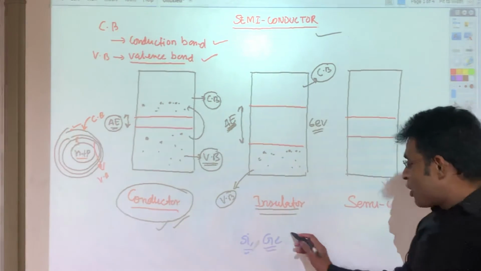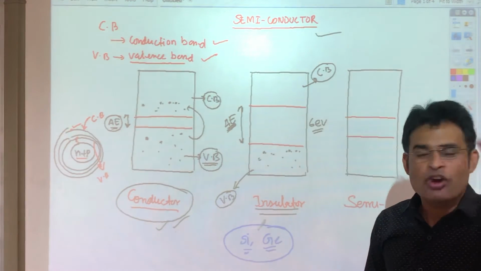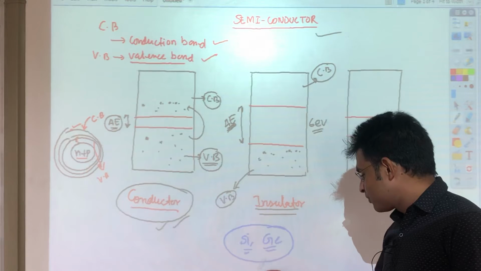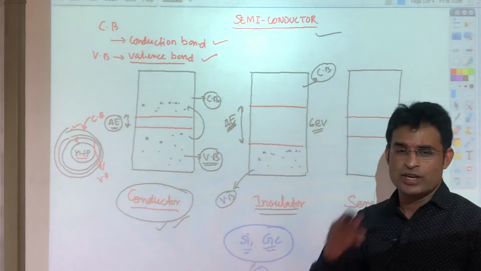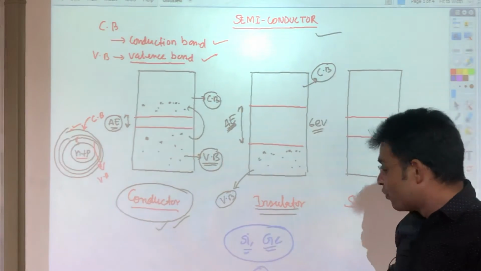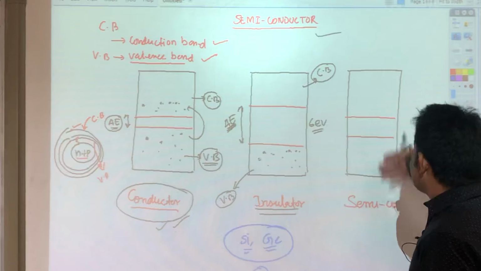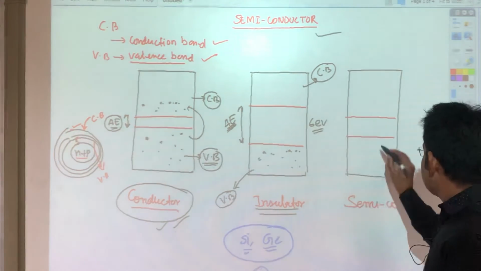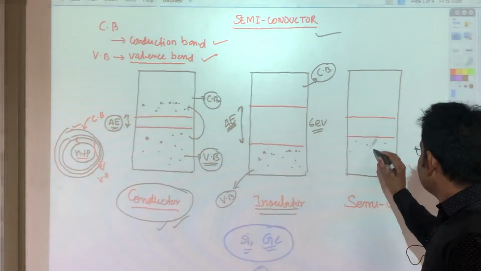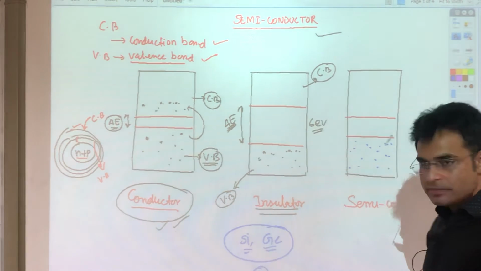If you see the atomic structure of silicon and germanium, in the outer orbit there will be 4 electrons. You know the electronic configuration 1s2, 2s2. If you see that outer orbit, there will be 4 electrons. And if I define a semiconductor using band theory, what happens? There will be some electrons over here, and in this one, some electrons over here.